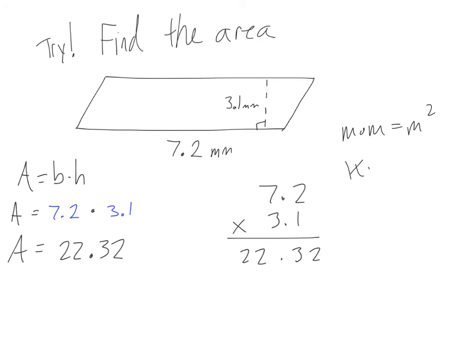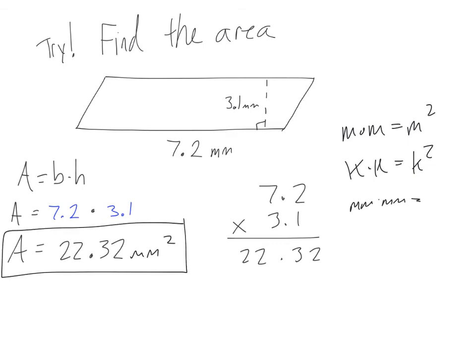If I said, write k times k with an exponent, you'd write k squared. So in this case, we were taking something that had millimeters attached to it times another thing that had millimeters attached to it. And millimeters times millimeters, guess what that is? Millimeters squared. That's one of the ways you can think of labels as being squared.